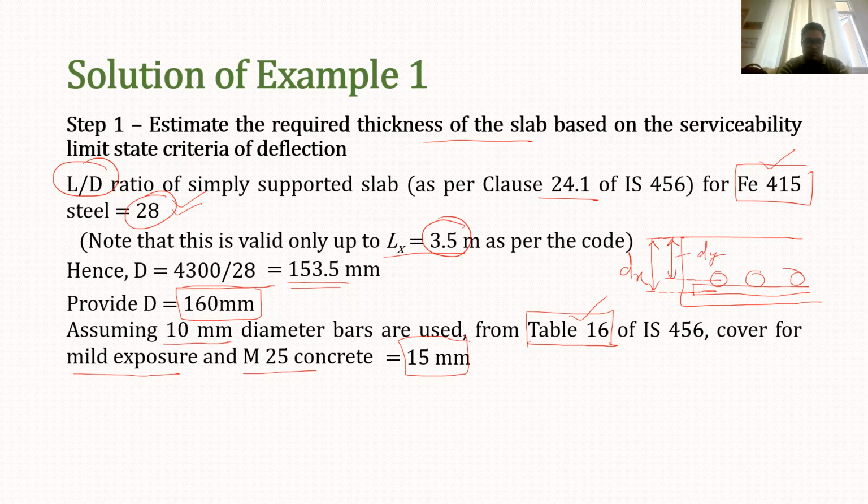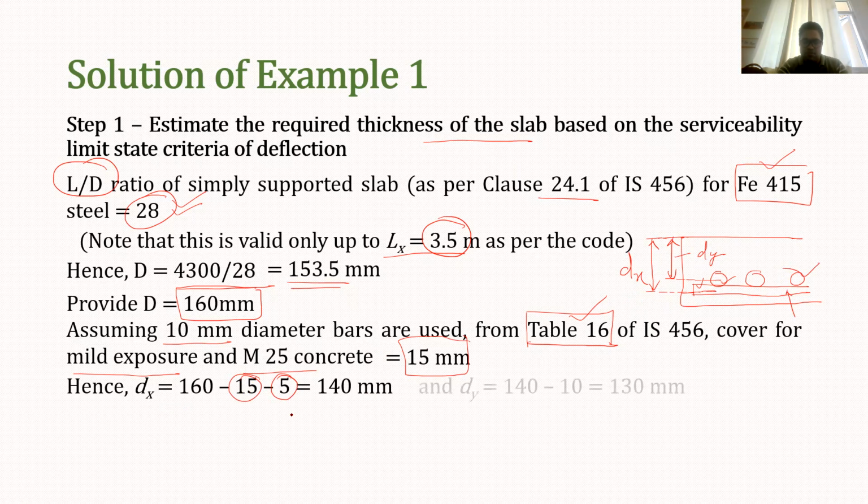First we will calculate the dx value. dx is 160 overall depth minus clear cover minus half of the dia of bar. Say we are assuming that this is a 10 mm dia bar. Also, we will assume that these bars are 10 mm dia bars. Now to calculate the value of dy, it will be dx minus half of this bar and half of this bar.